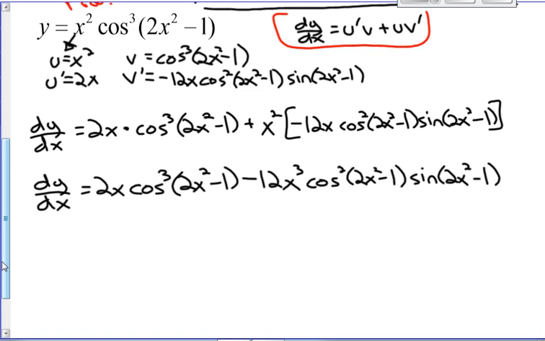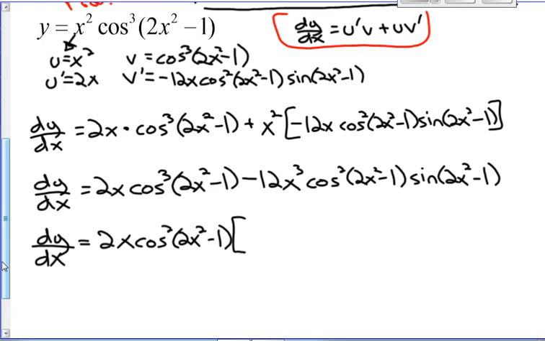If we decided that we wanted to factor it, we'd look for common factors. And those common factors would be 2, an x, and a cos squared. And that would leave us with, from this part, just cos of 2x squared minus 1.